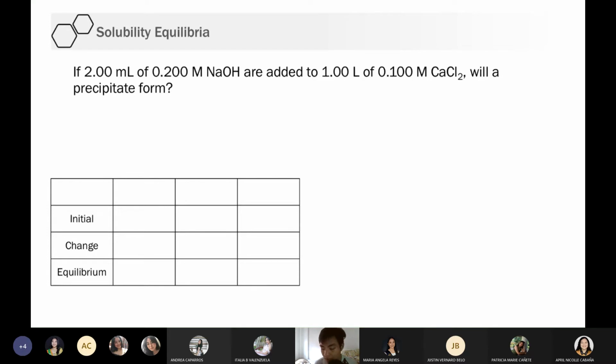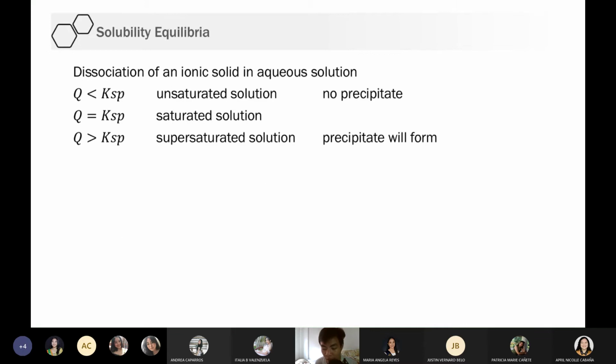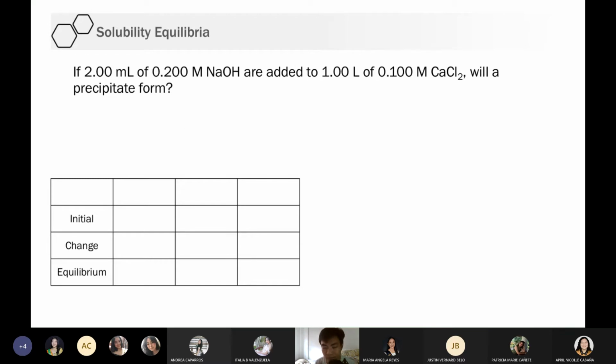So ang sabi natin, we can tell kung mabubuo ang precipitate if we compare Q with the K. Pero paano? Ang question kasi dito is, may mabubuo bang precipitate? So, ano bang precipitate mabubuo natin out of sodium hydroxide and calcium chloride?